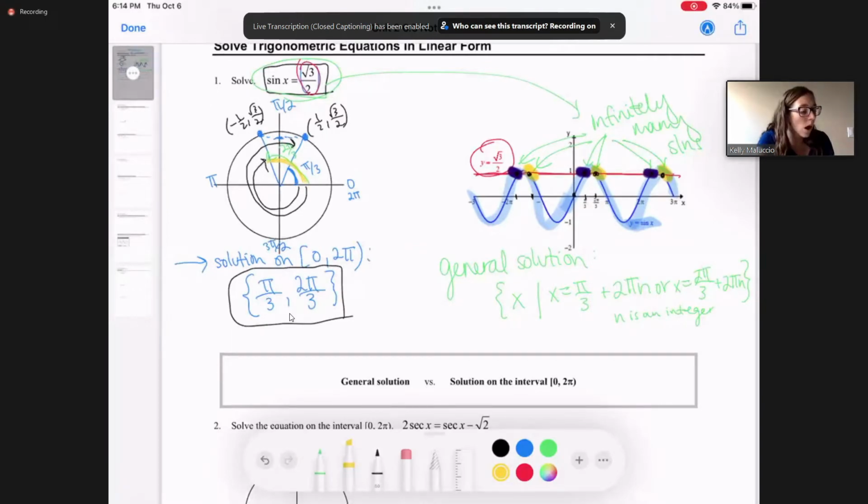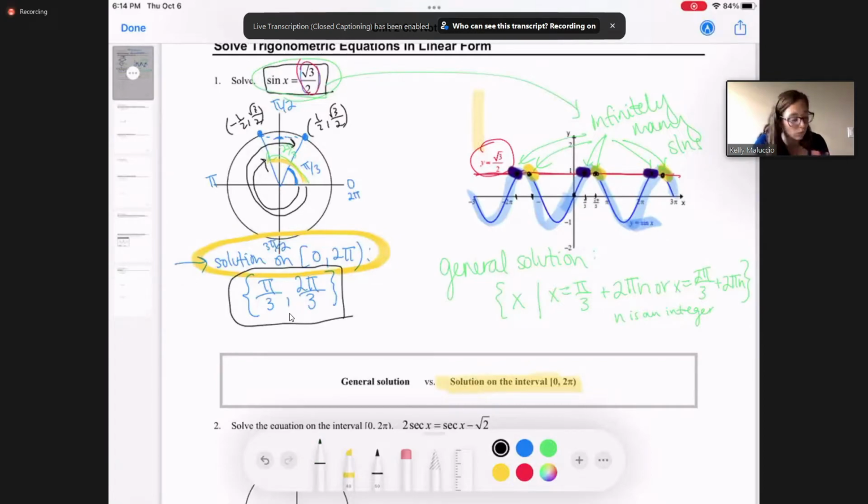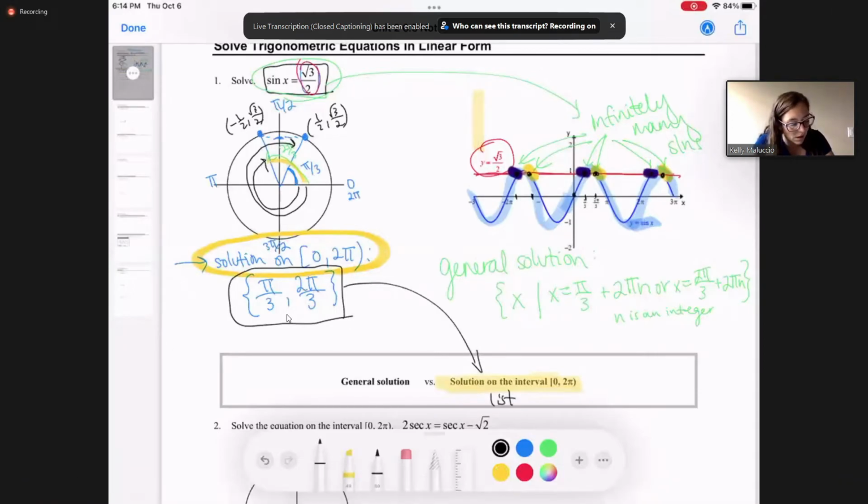So basically the idea is that if we get a solution on some interval, like 0 to 2 pi, which is typically what we're going to do, like we see here, so the solution on the interval 0 to 2 pi is what we got here, and we would just list these solutions.